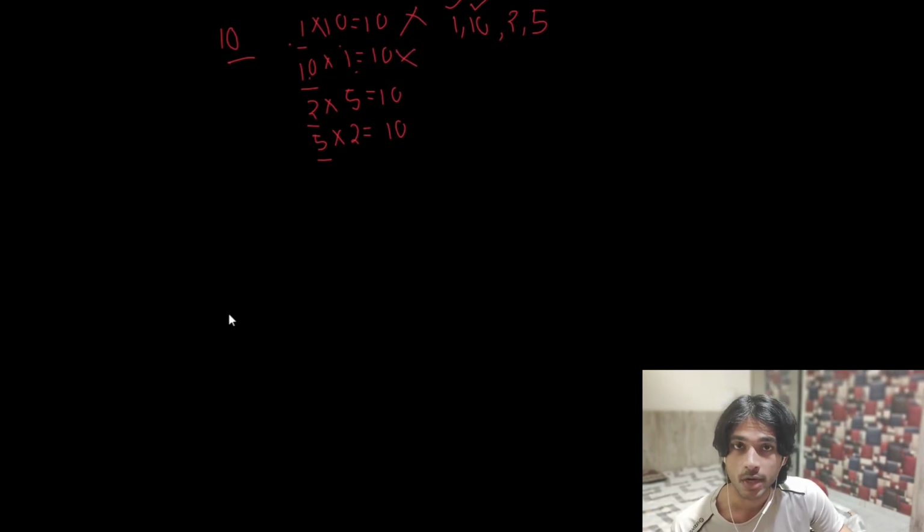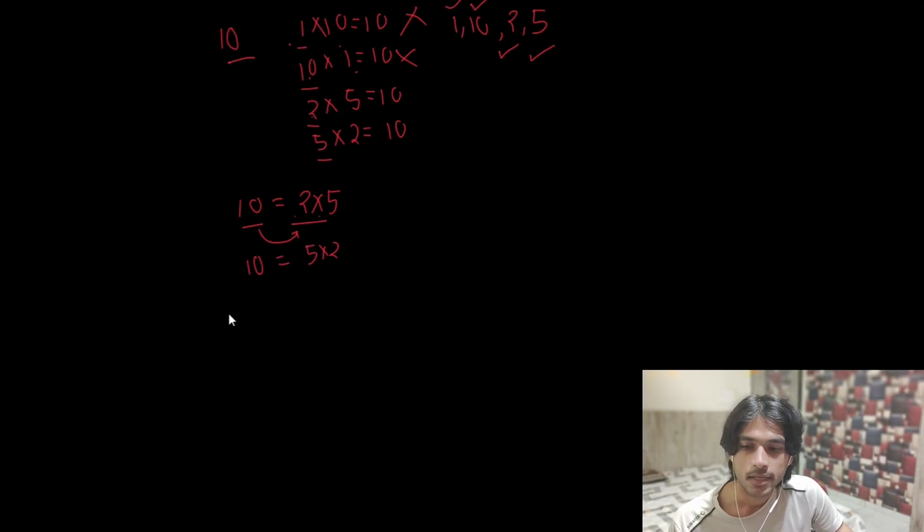If I write 2 multiplied by 5, 2 and 5 both are prime numbers, so I can write 10 as 2 multiplied by 5, and this composite number has been written as a product of prime numbers. But 10 can also be written as 5 multiplied by 2. So to write 10 as a product of primes, there are two ways, right? We can write 2 multiplied by 5, or 5 multiplied by 2.